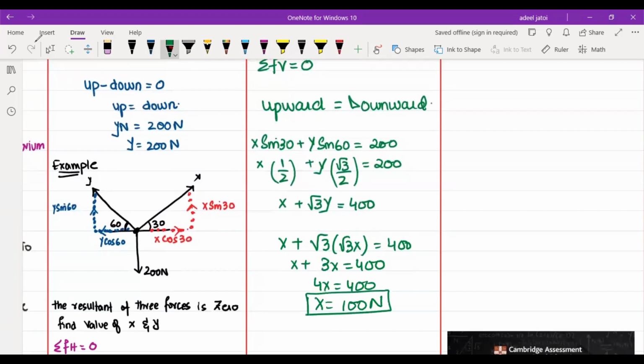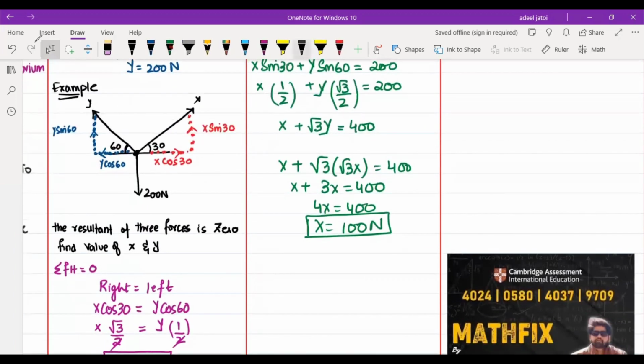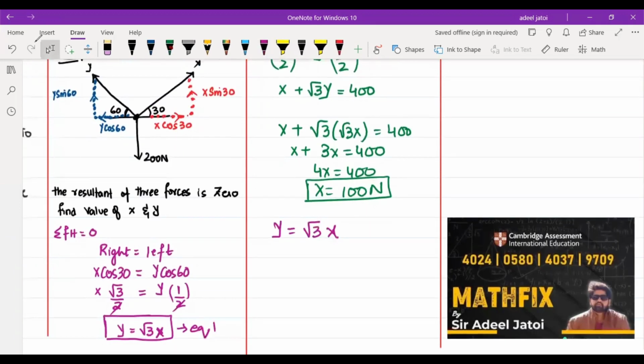We found out earlier that y was under root 3x, so y is equal to under root 3 times 100. The value of y here will be 173.2 Newton.